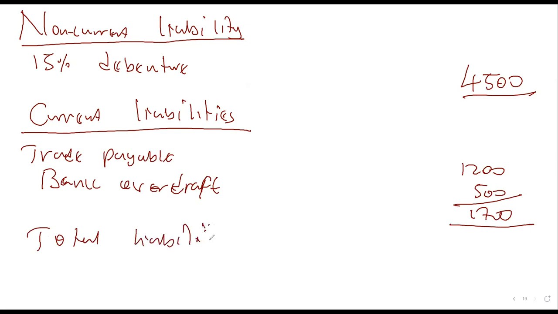Total liabilities, 1,700 plus 4,500. That is 6,200.